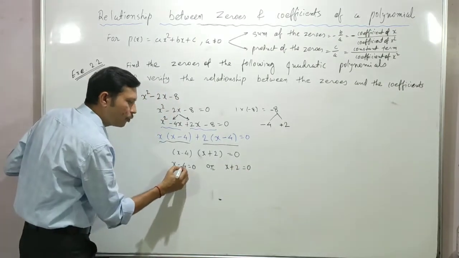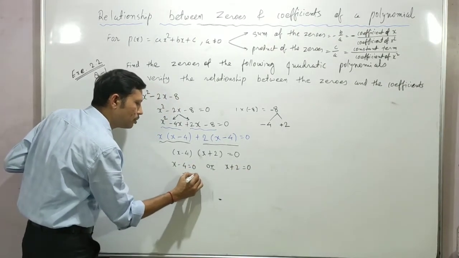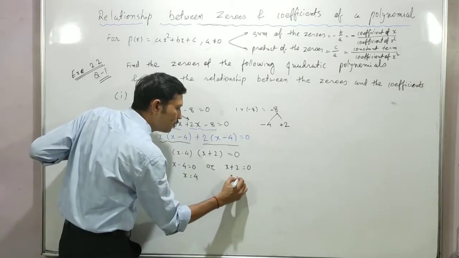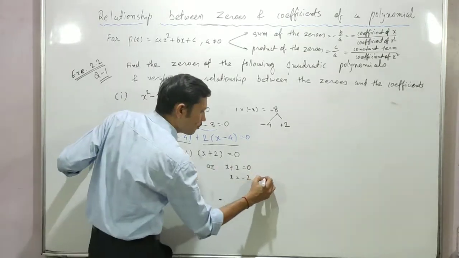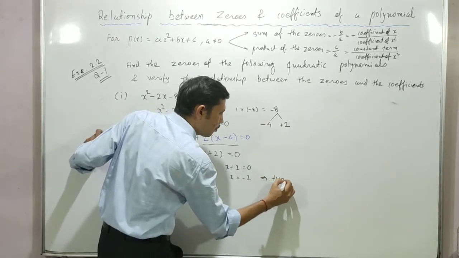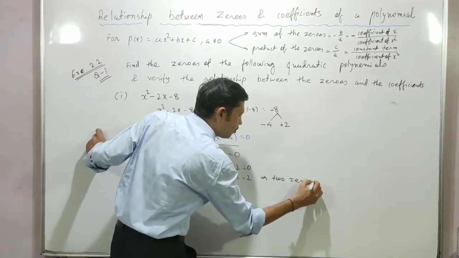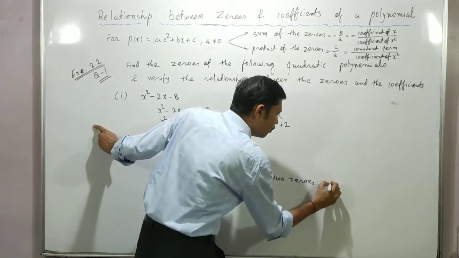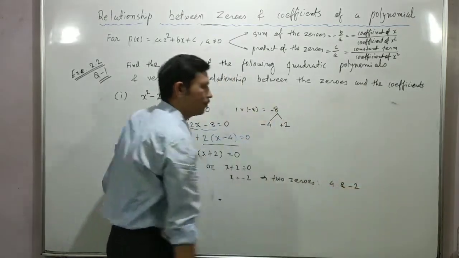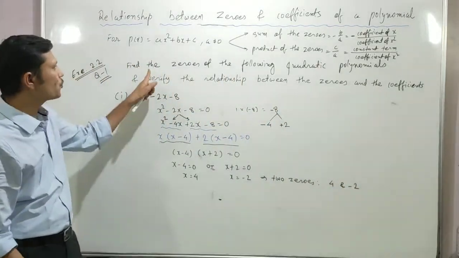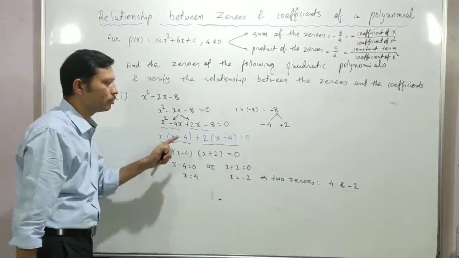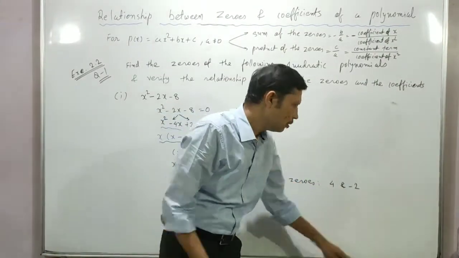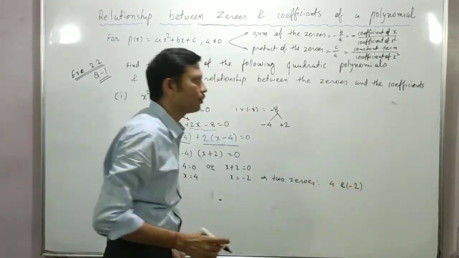When minus 4 shifts to the right side, x will be plus 4. And here x will be minus 2. So the two zeros are 4 and minus 2. This is the first point, find out the zeros. So we calculated the two zeros of this polynomial are 4 and minus 2.